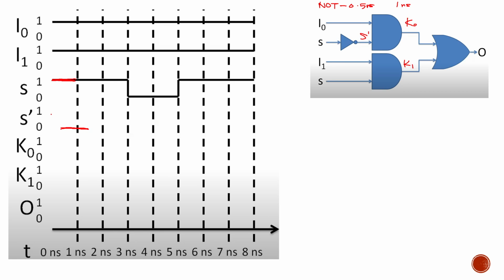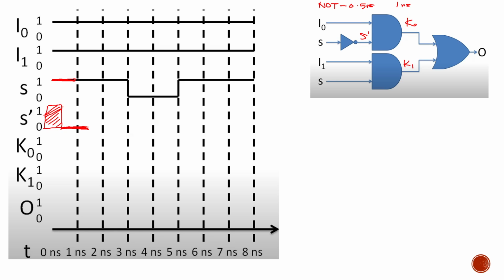For this 0.5 nanoseconds, it's not going to produce any output, because it's just processing what you give it. Then after 0.5 nanoseconds it produces the output, and it's 0 here.